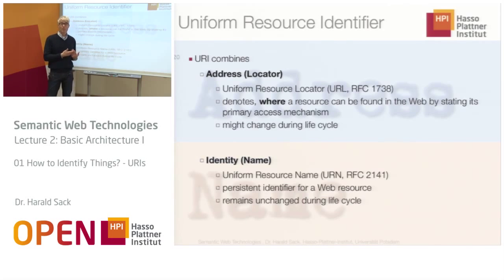You have to know where the thing is. And as it's possible that the thing moves around, you have to ask somebody for the address. So if you have a name, then you can ask a so-called naming service for the address of a thing. And then you get back the uniform resource locator, and then you can, in the end, access this thing. So the URI combines both concepts, the address and as well the identity.